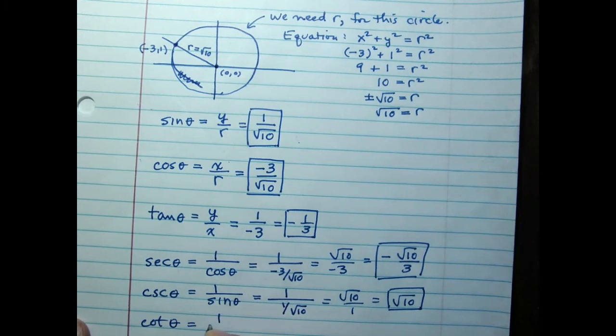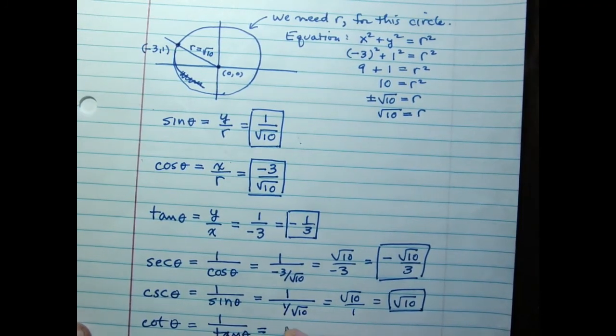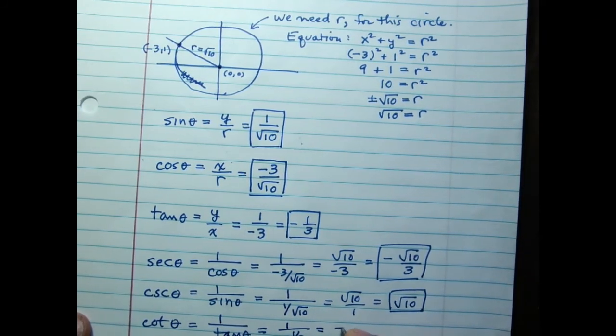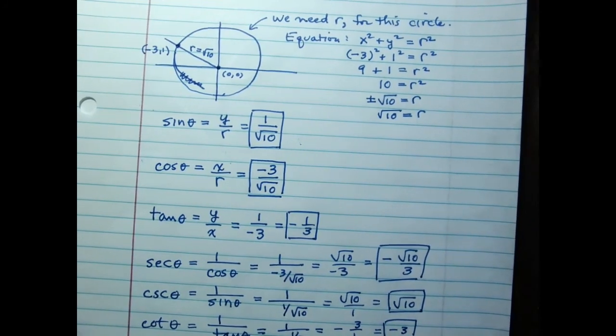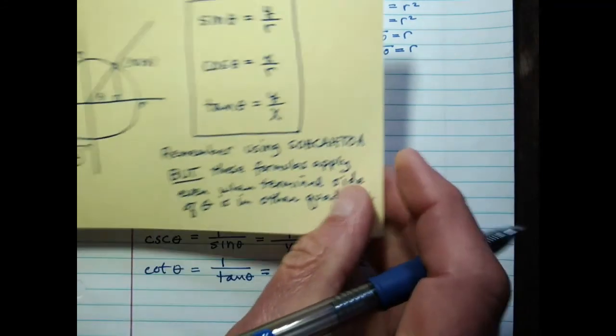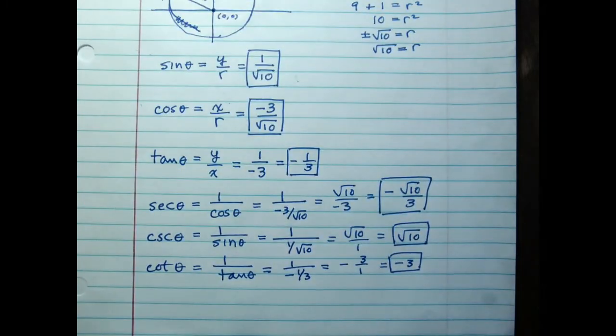So that's 1 over negative a third, or negative 3 over 1, or negative 3. Okay, so that's it. These formulas in the box are crucial, really important now. And the big surprise here is that we're sometimes getting negative values for the trig functions.